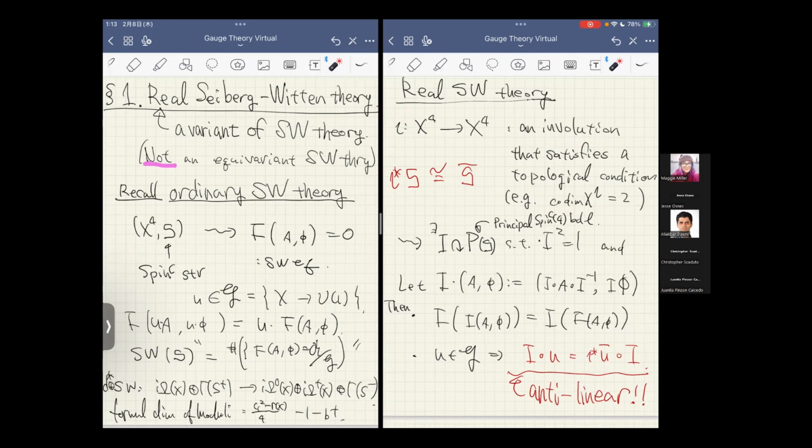Then, if there exists a spin-c structure S such that the spin-c structure is reversed by this involution, then we have an involution on this spin-c structure with the following properties.